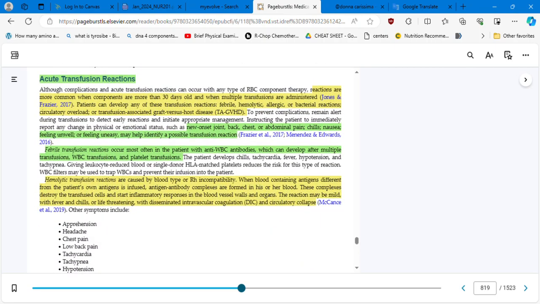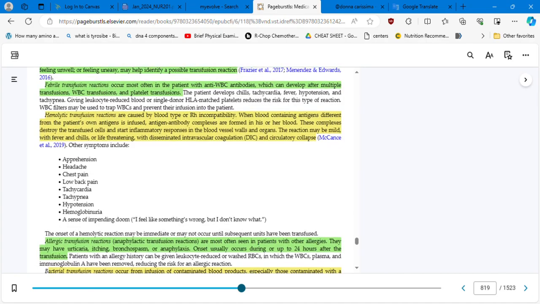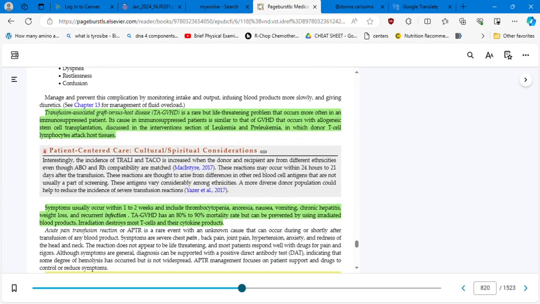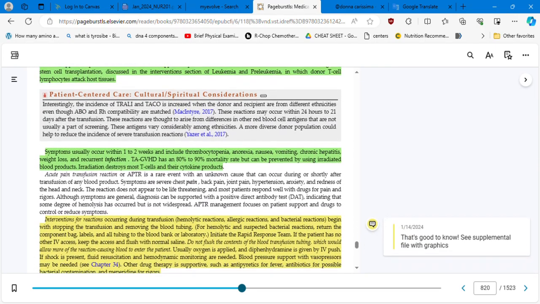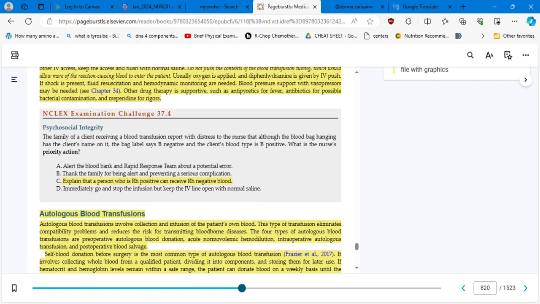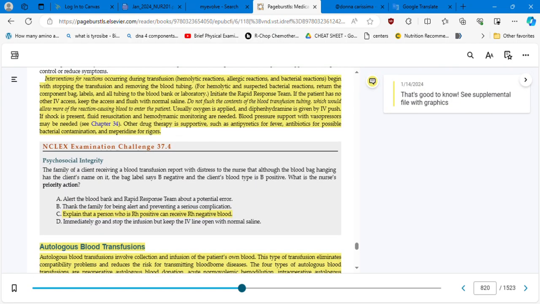Acute transfusion reaction. I want you to pay attention to one of the graphics that I have given you in the supplemental file.